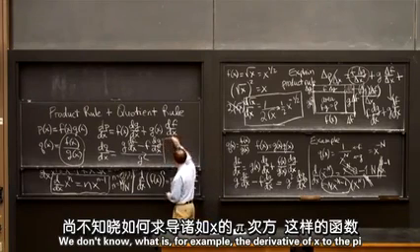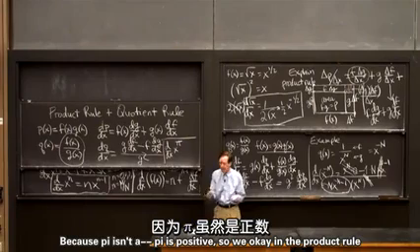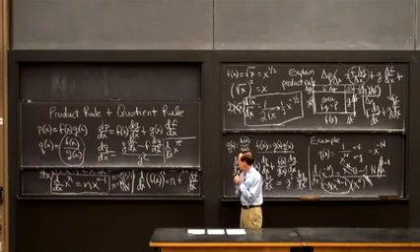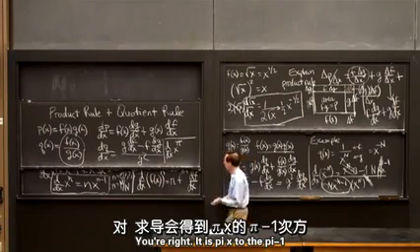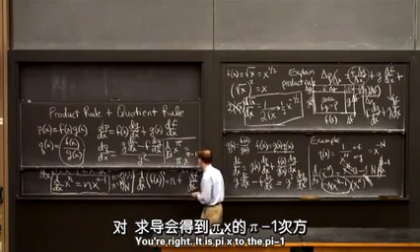We don't know what is, for example, the derivative of x to the pi. Because pi is positive, so we're okay in the product rule, but it's not a fraction, and we haven't got it yet. What do you think it is? You're right. It is pi x to the pi minus 1.